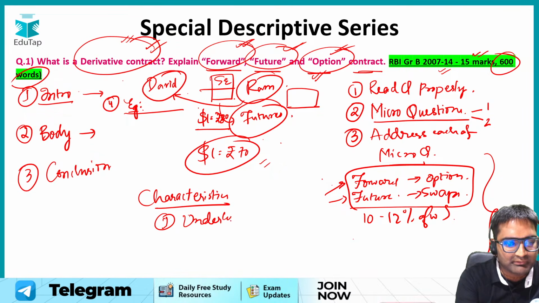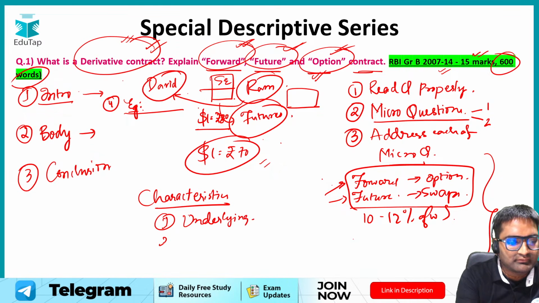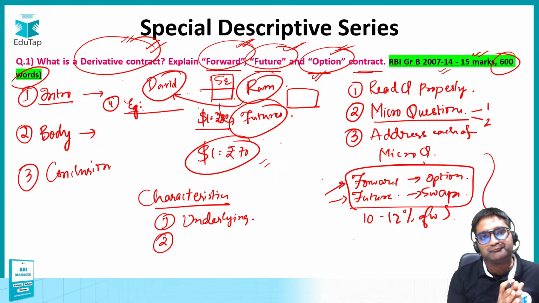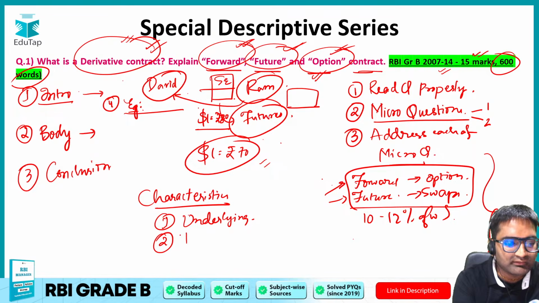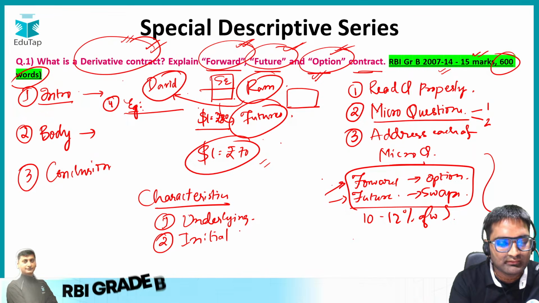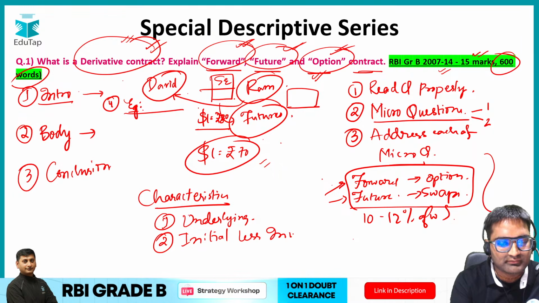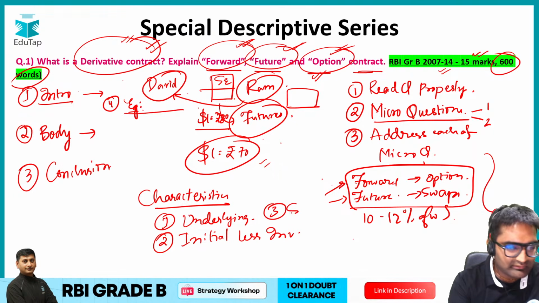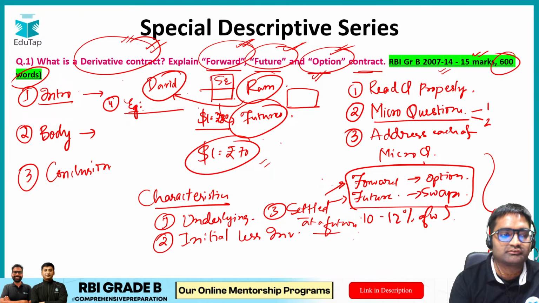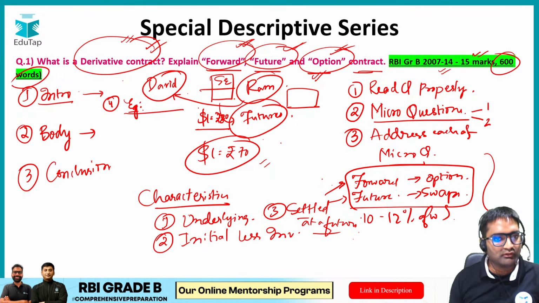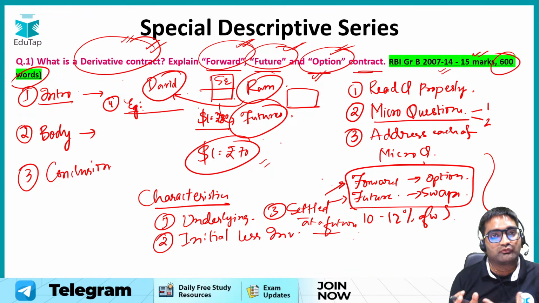You have already mentioned this. The requirement with respect to the contract is that there is no initial, or very little initial investment required, and such a contract is settled at a future date. A few features that you could mention, and then you could go into the conclusion.